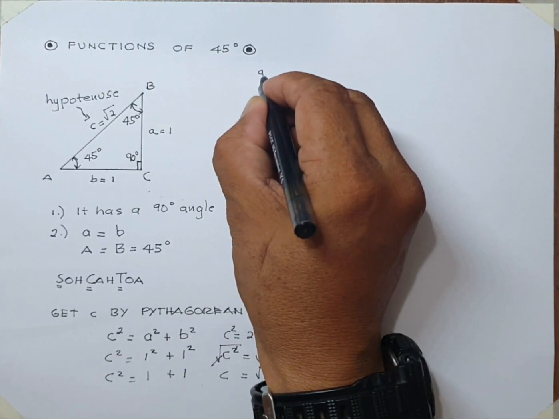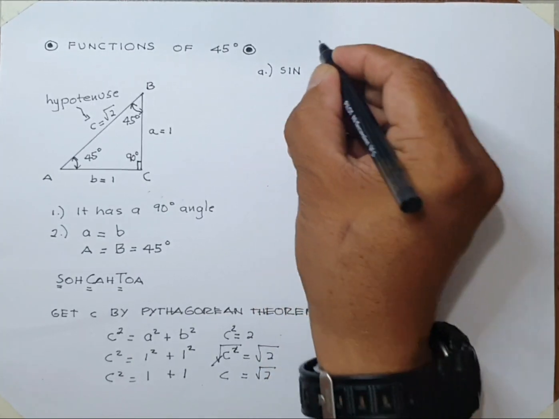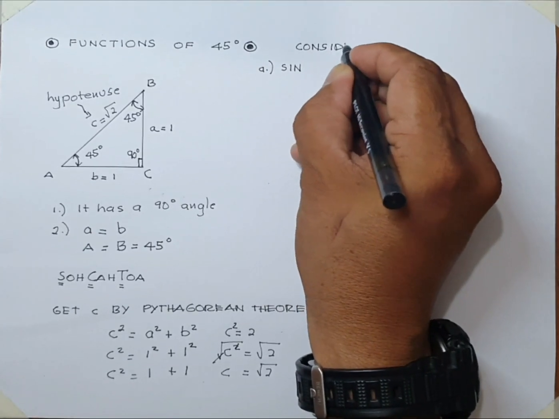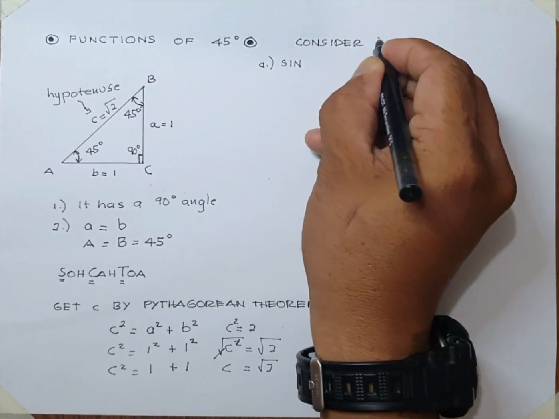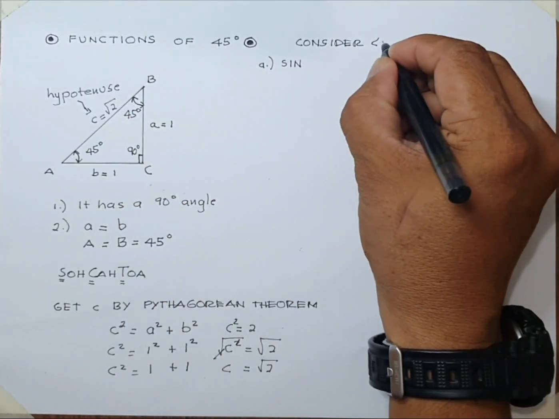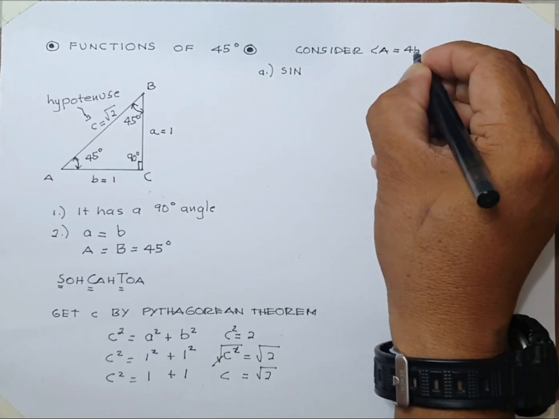So let's start with the sine. We consider angle A. Actually, we can consider either of these two angles. But let's just consider angle A, which is equal to 45 degrees.